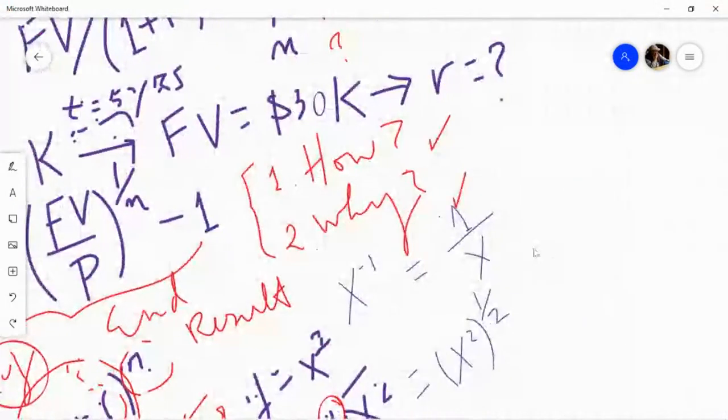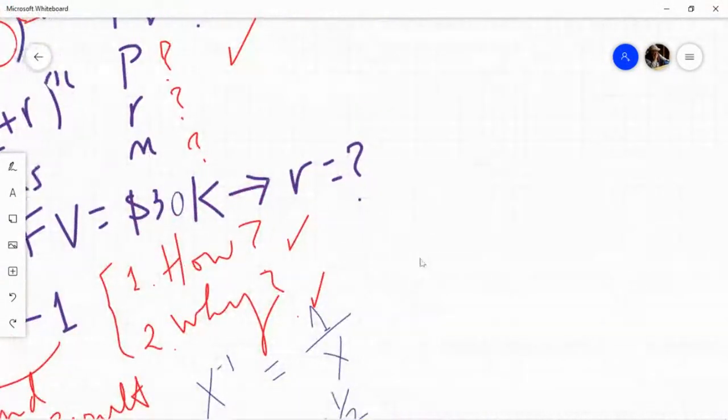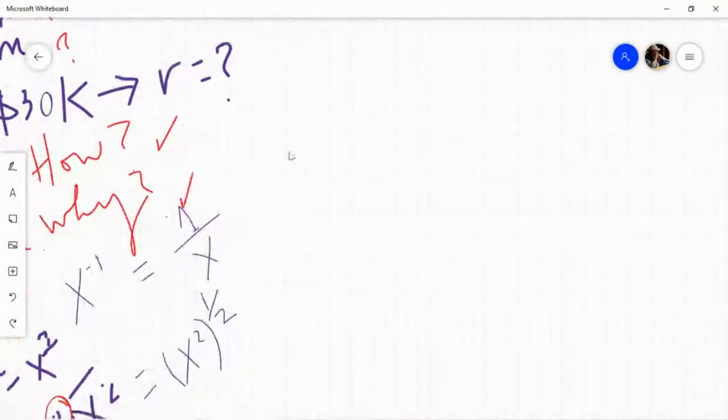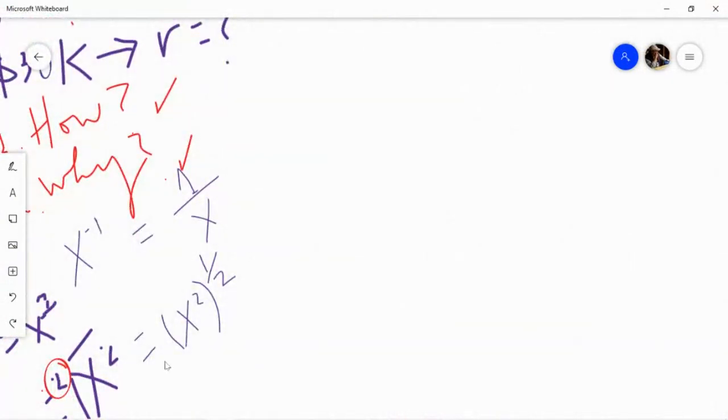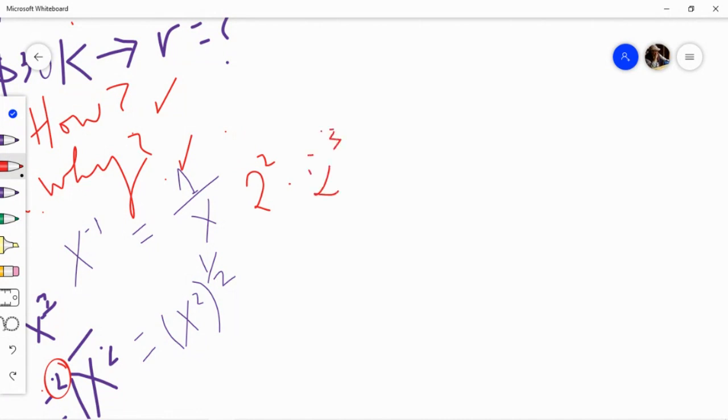So for example, if you have 2 squared times 2 cubed, what is that?